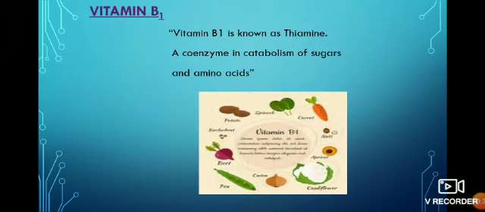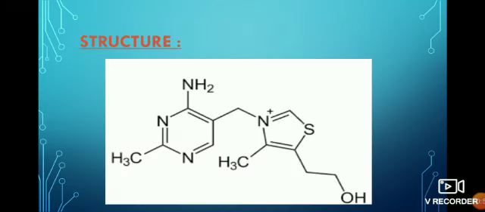Vitamin B1, which is thiamine, is a coenzyme in catabolism of sugars and amino acids. Here are the sources of vitamin B1, which are carrot, potato, beet, etc. Here is the structure of vitamin B1.